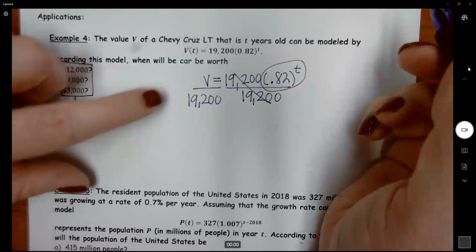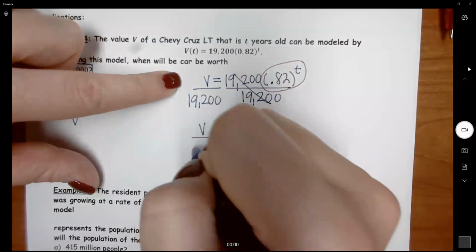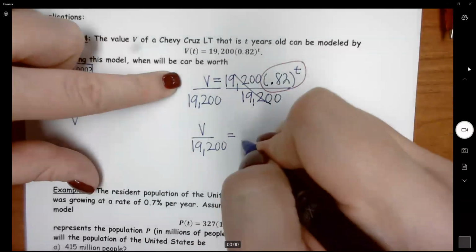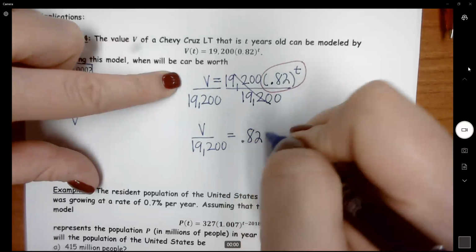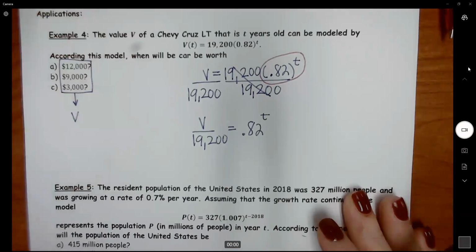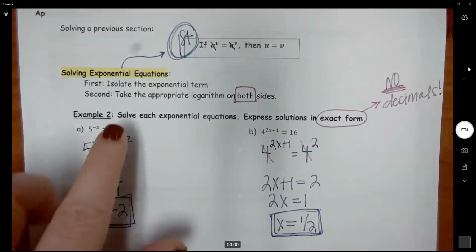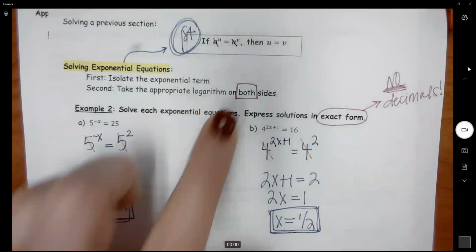Those cancel. So I have V over 19,200 equals 0.82 to the T power. My second step is to take the appropriate log to both sides.